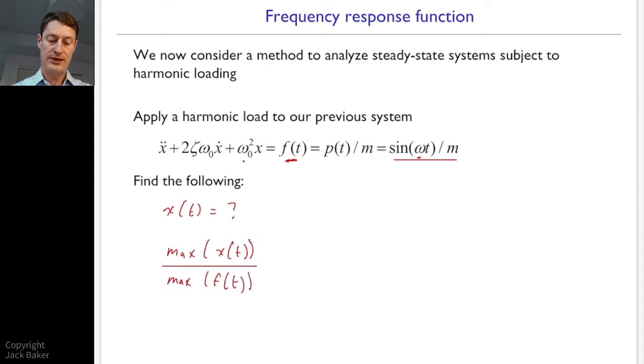That ratio is going to depend on the properties of the structure, the omega naught and the damping zeta, and it's going to depend on the frequency of the loading, omega, as well. So as a function of the loading frequency and the properties of the structure, how big does my response get for a given amplitude of load?